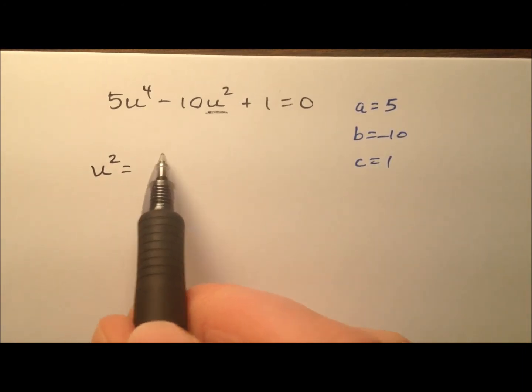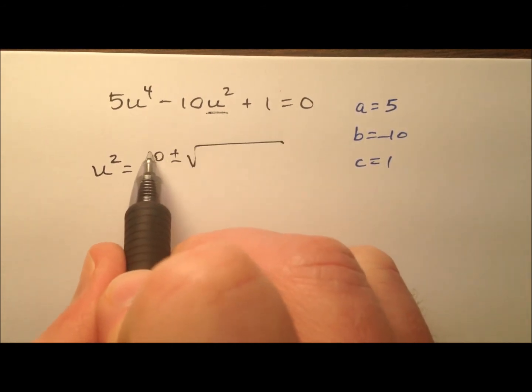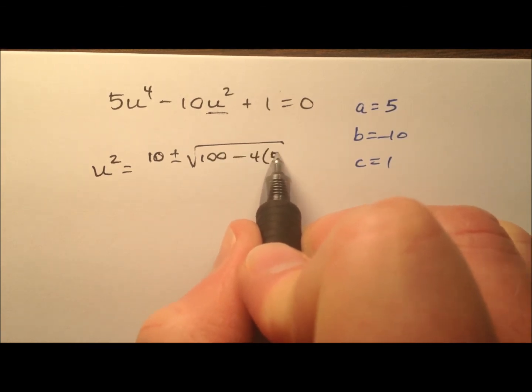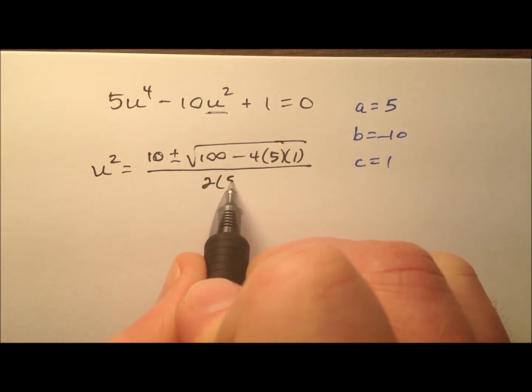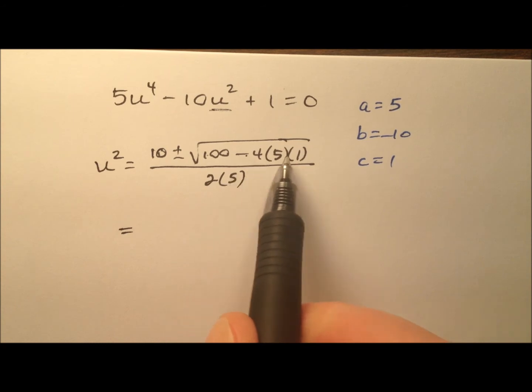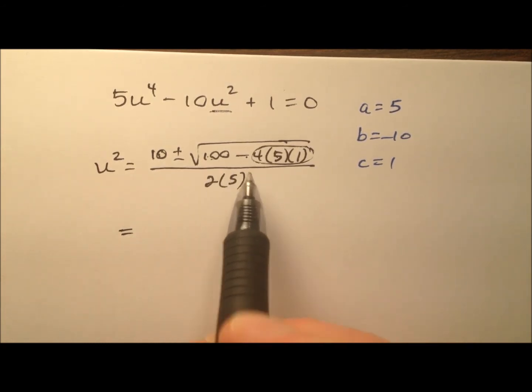So we have the opposite of b, so 10 plus or minus the square root of, so b squared is 100 minus 4ac all over twice a. Okay, so that's all that out there. So 100 minus, it looks like this is 20, 4 times 5. So 100 minus 20 is 80.